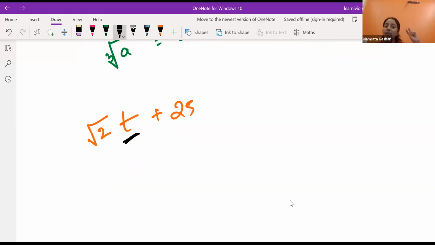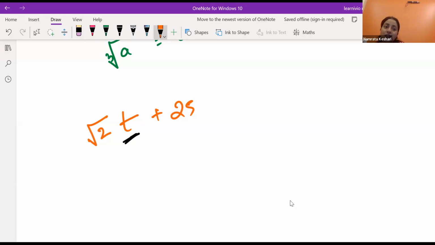The next rule says to check the power of the variable. What is the exponent of this t? This t is not inside the root, right? So t is raised to 1.